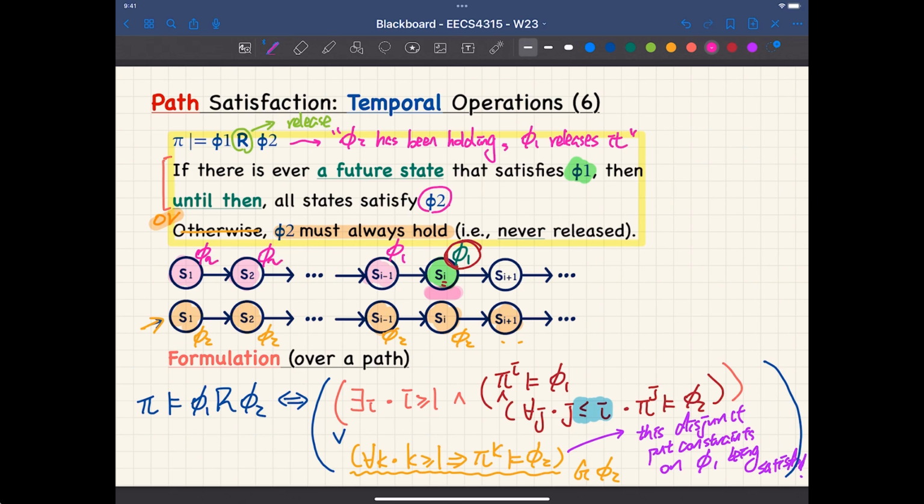I'm sorry. Okay, so can you say the question again? And then we'll use a diagram. Okay, let's say phi 1 at some point holds. Phi 2 doesn't need to be holding or not holding. It can or it cannot. It may or may not. It's not relevant.